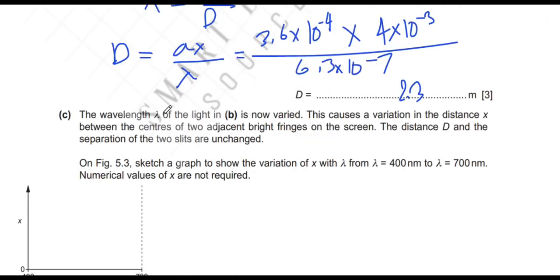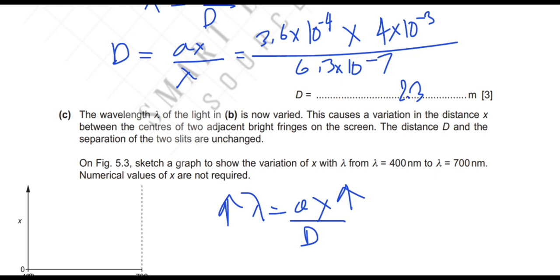The last question told us to draw a graph to show the variation of x, the fringe separation, with lambda. Obviously, we know that lambda equals to ax by d, and the lambda is directly proportional to fringe separation. So if you increase lambda, fringe separation increases.